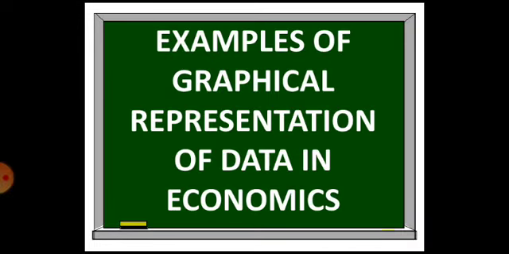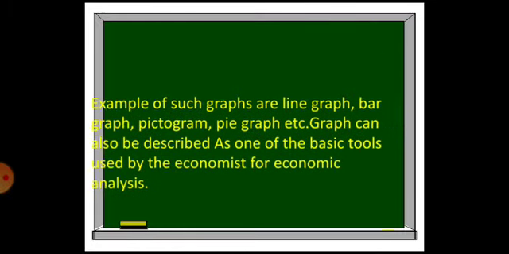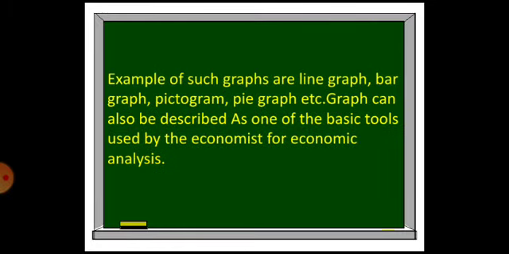Now, let's quickly look at examples of graphical presentation of data in economics. How do we use a graph to present data? We have laws and principles in economics, and we can use all these tools that we'll be describing to analyze such data.